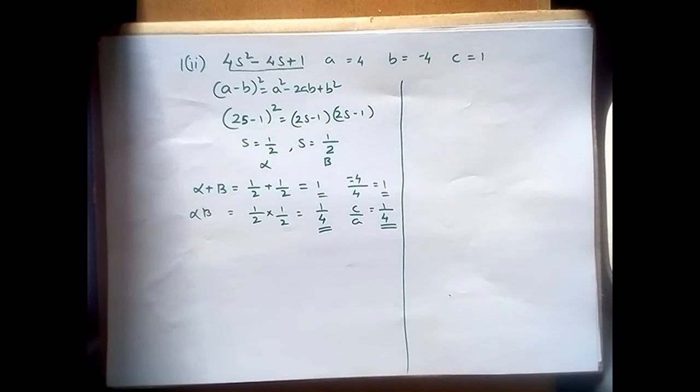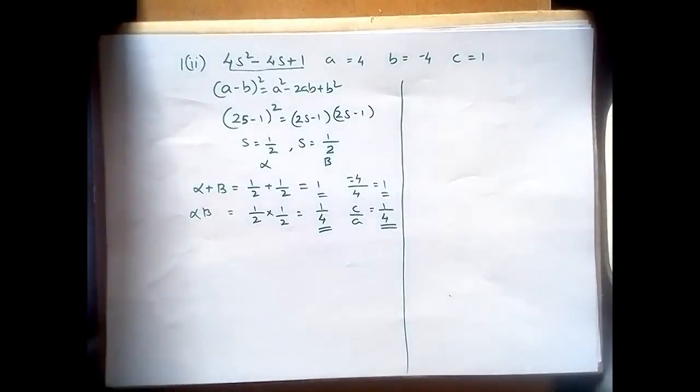Now the second question is 4s² − 4s + 1, and you know very well it is similar to the identity a² − 2ab + b², so that is (a − b)². I will request you to pause the video here and see the explanation. It is very simple.